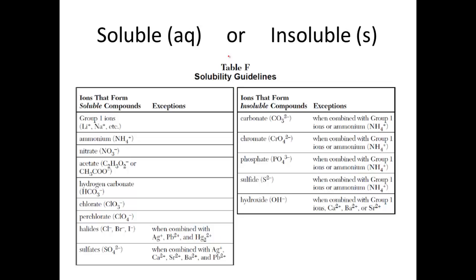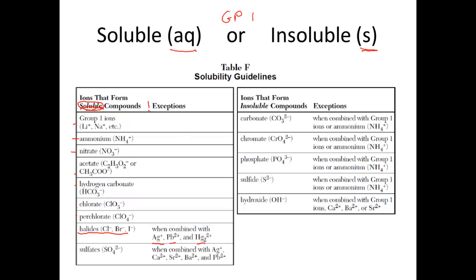Our solubility table, found on page 1 of your gold packet, lists out a couple important things. First off, we're going to see if things are soluble, or aqueous in solution, or insoluble, meaning a solid precipitate will form. The first chart has our soluble compounds. Our soluble compounds are going to be anybody that's in group 1, like sodium, lithium, potassium, etc., ammonium, our nitrates, acetates, carbonates, chlorates, perchlorates, and all of our halides, group 17, except when they're combined with lead, silver, or mercury.